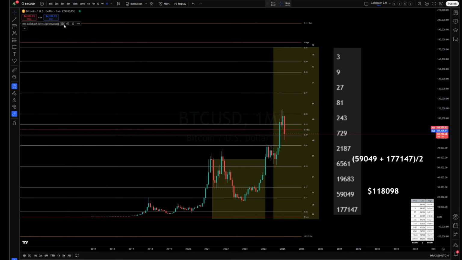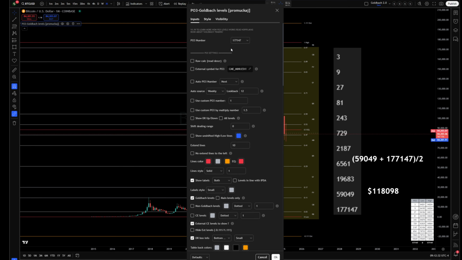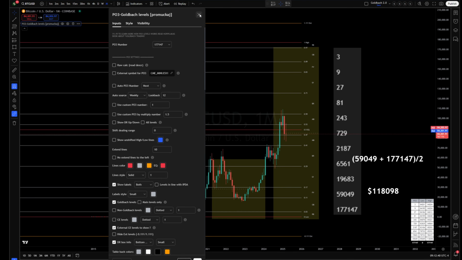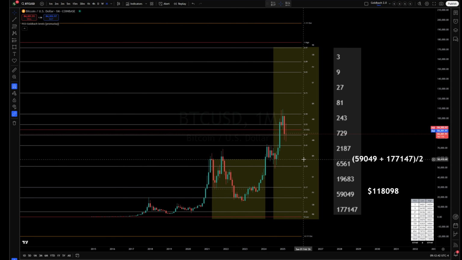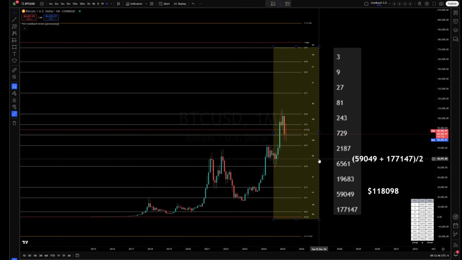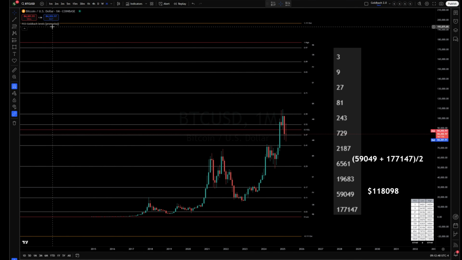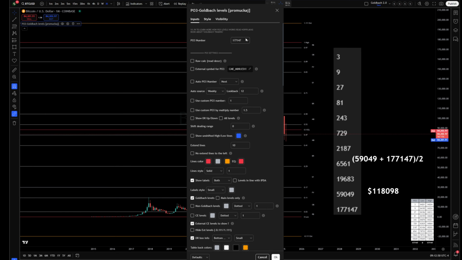Now, if you're using the traditional indicator, how do you deal with this? Fortunately, there's a feature already built in, which takes into account the intermediary dealing ranges. Let me remove this to simplify your chart. This is the ultimate dealing range, the power of 3 dealing range.